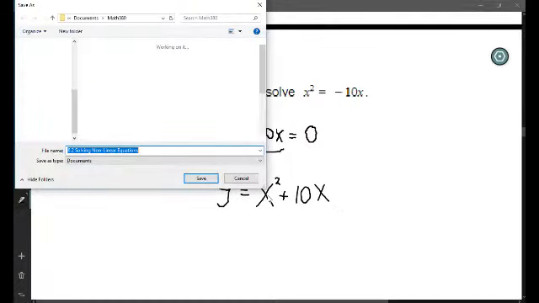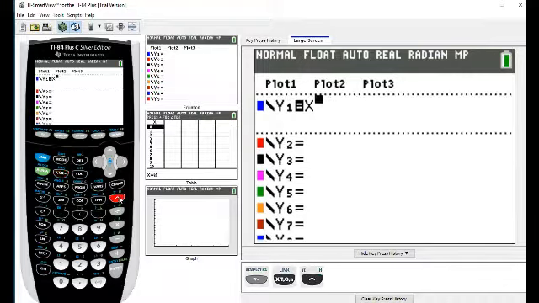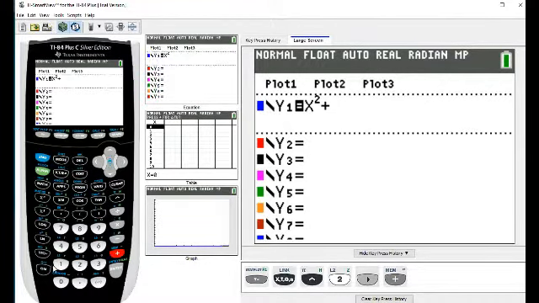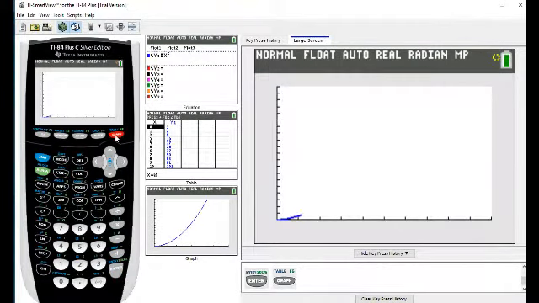So we have x squared plus 10x, and then graph.